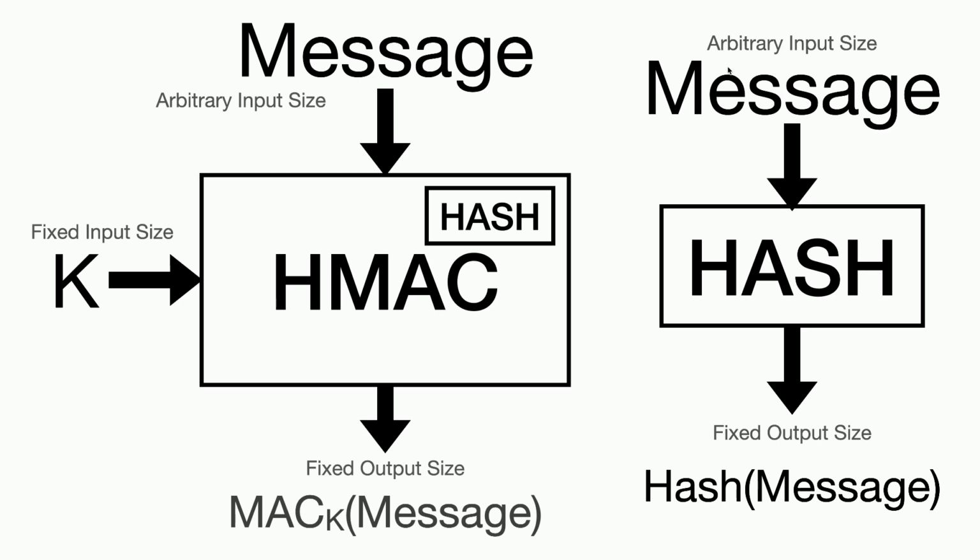You couldn't easily create two different messages which you knew gave the same fixed output, and that would be called a collision. And there are various other properties of hashes. You can read about that or watch videos on it.